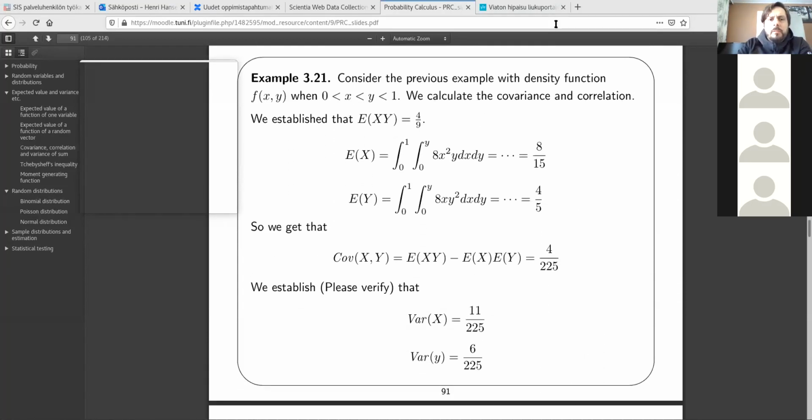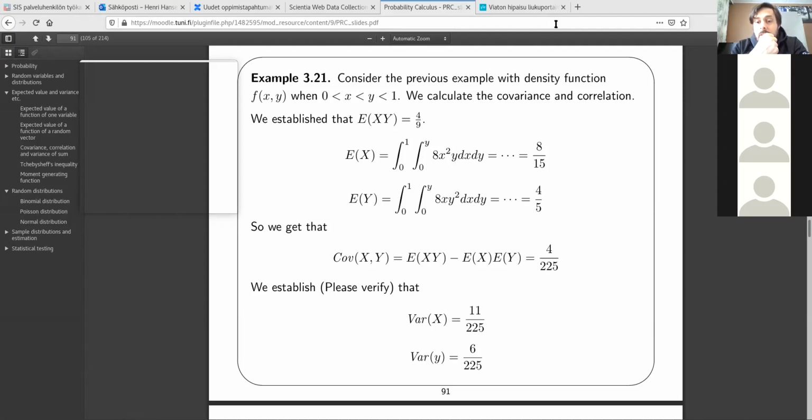We can calculate in this previous example, for instance, where we had the density function of x and y over this triangle, we established that the expected value of x times y is 4/9. We can calculate the expected value of x and the expected value of y, and we can calculate their covariance, and it turns out that it's 4/225.